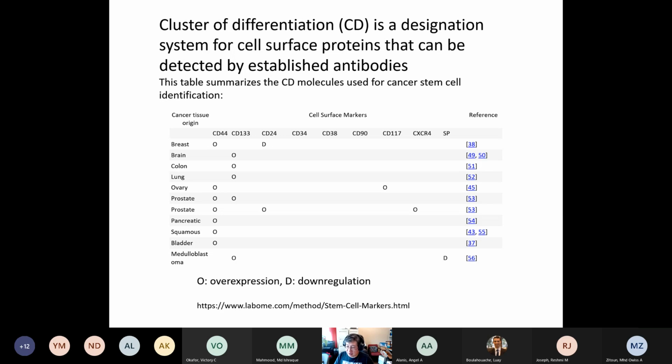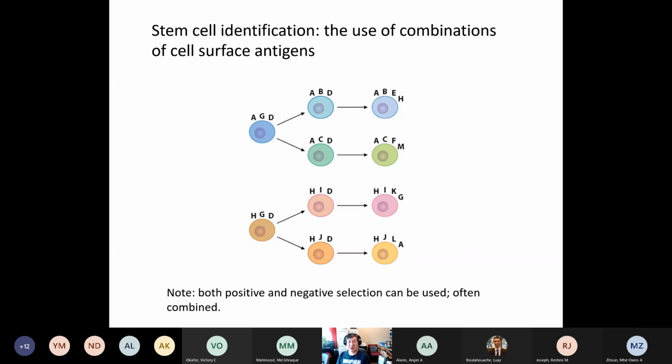So it's just a nomenclature system. Back to the previous slide, I want to tell you the principle of identification of a certain cell type by using the CD system.